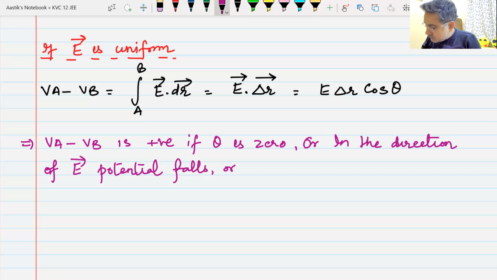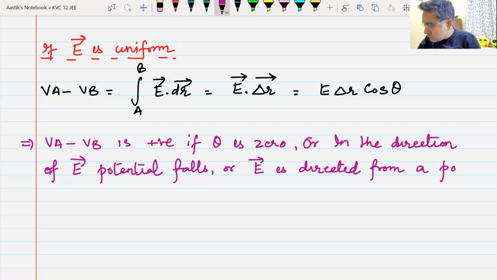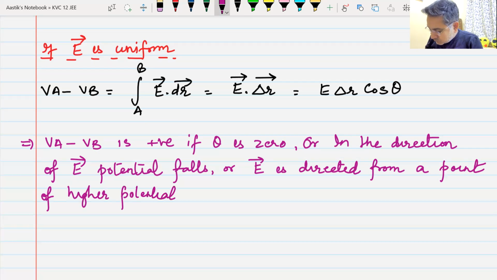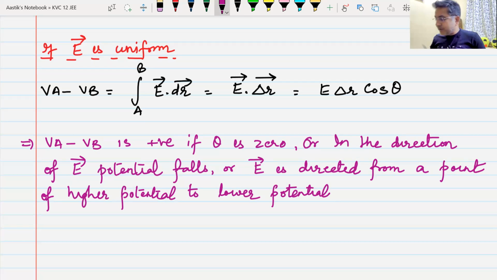Or I can say the electric field is directed from a point of higher potential to a point of lower potential. Do we understand this? Yes, sir. Okay.